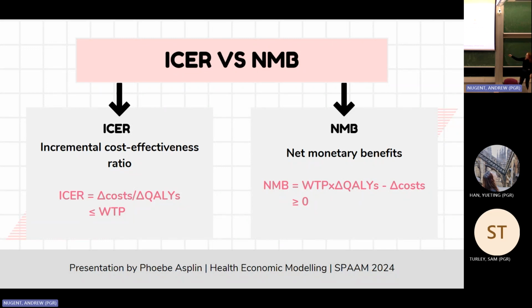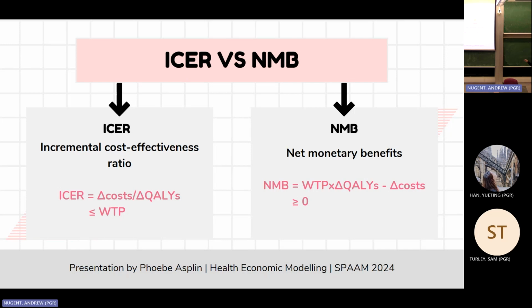So we have on the left the incremental cost effectiveness ratio. So this is, you calculate the difference in costs between the two strategies over the difference in QALYs gained. And then if this is less than or equal to our willingness to pay threshold, then the intervention is more cost effective than the other intervention we're comparing it to.